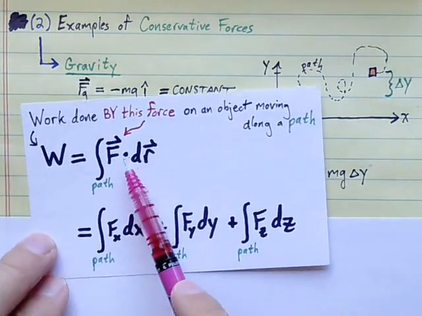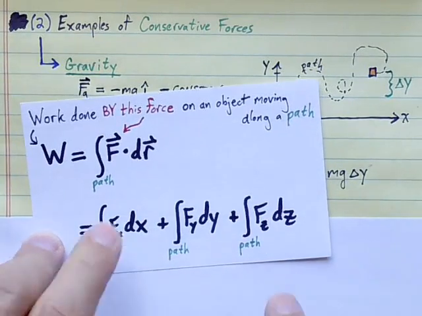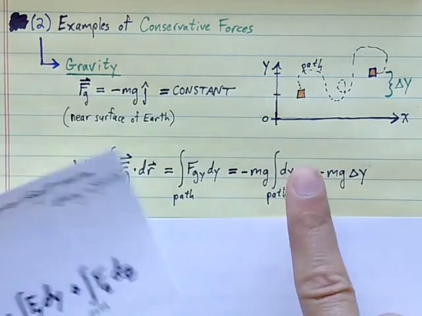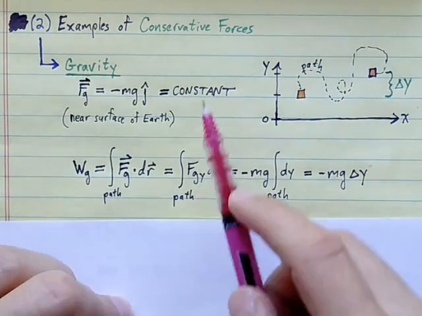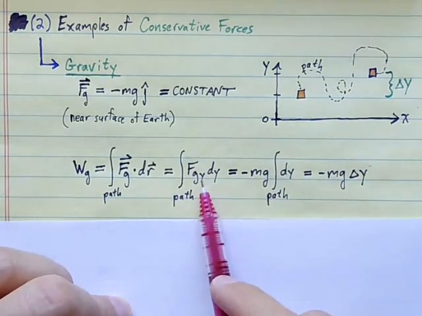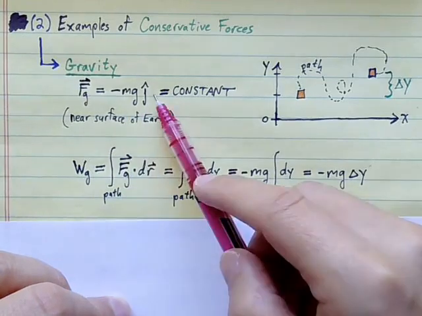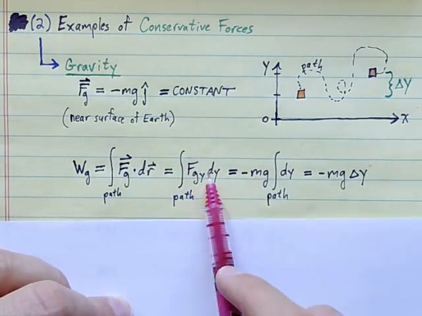Our dot product can be expanded to write our work integral as the sum of these work integrals. Gravity has no x component and no z component here, only the y component, so it simplifies down to Fgy dy along the path. And the vertical component of gravity is minus mg. This is minus mg times j hat there. So minus mg is our y component.